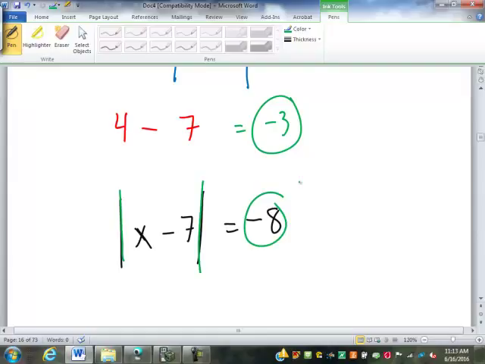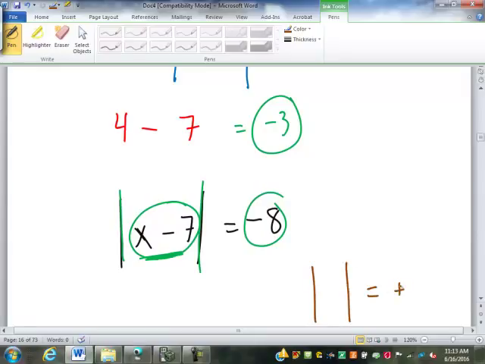What number could I take the absolute value of and get a -8? Nothing. There's absolutely nothing I can take the absolute value of. So there's no value, no matter what x is, that this could be in here that would make this true. If I use an absolute value in an equation, it must always equal a positive number.